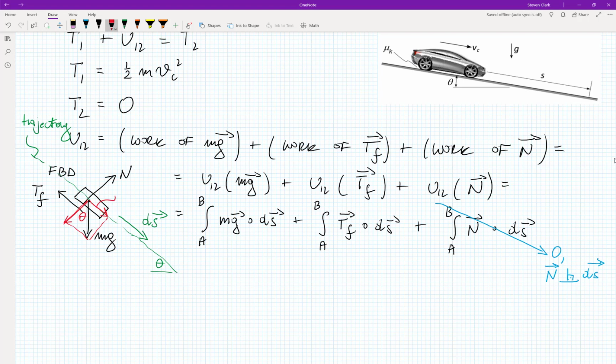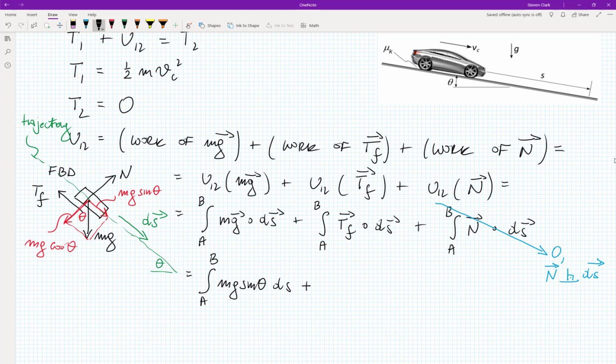So that means that this component is mg sine theta, and this component is mg cosine theta. Okay, so we can ignore the cosine component, right? Because it's perpendicular to ds. So I believe that this integral will be integral of mg sine theta ds, from a to b.